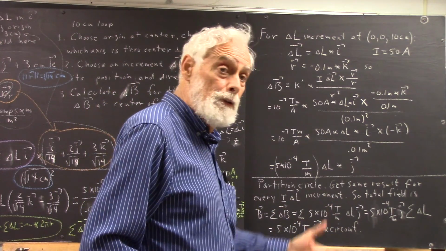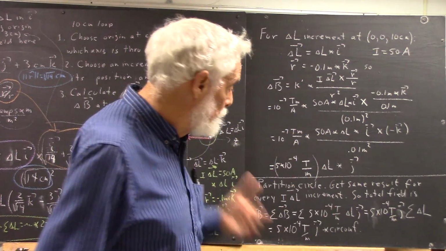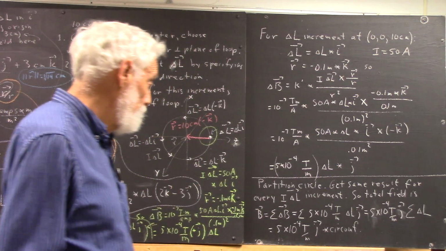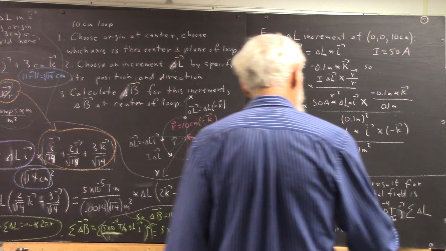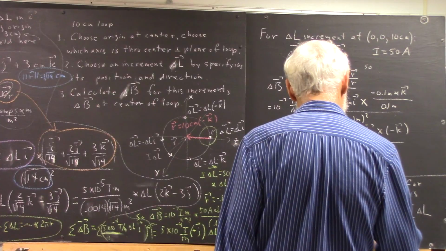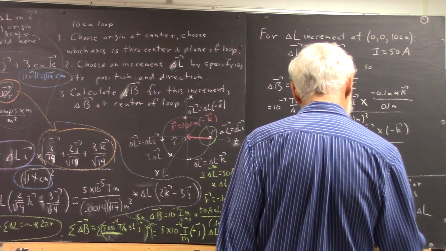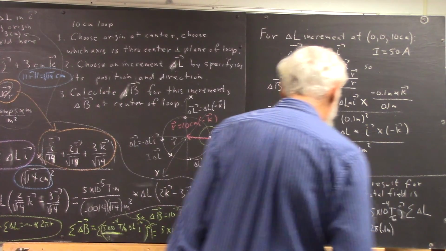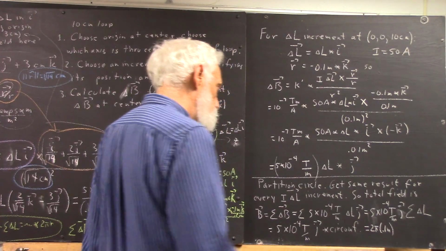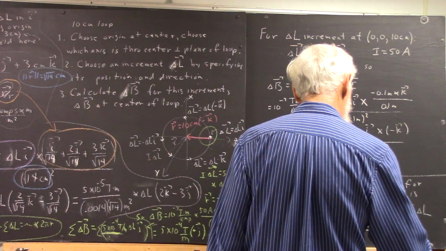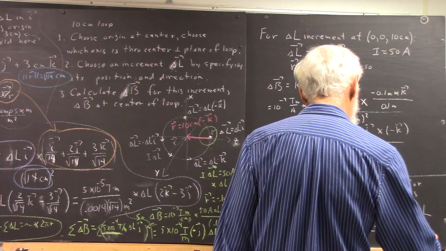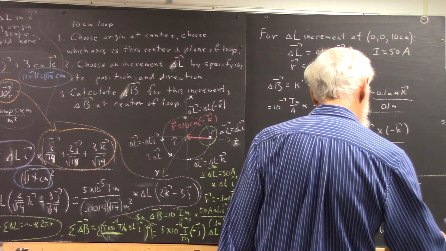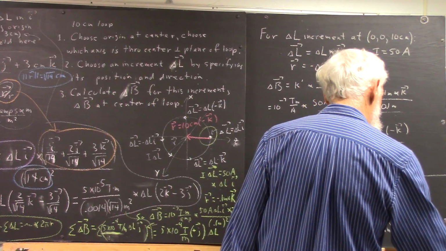Well, r is just 0.1 meter, so it's 2 pi times 0.1 meter times 5 times 10 to the negative fourth Tesla per meter times J.